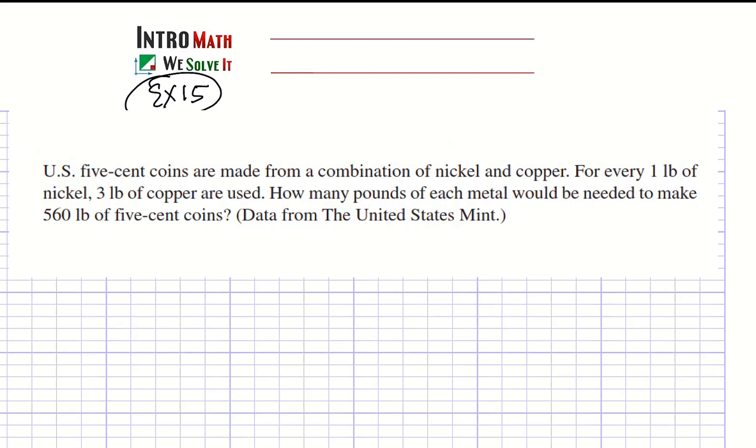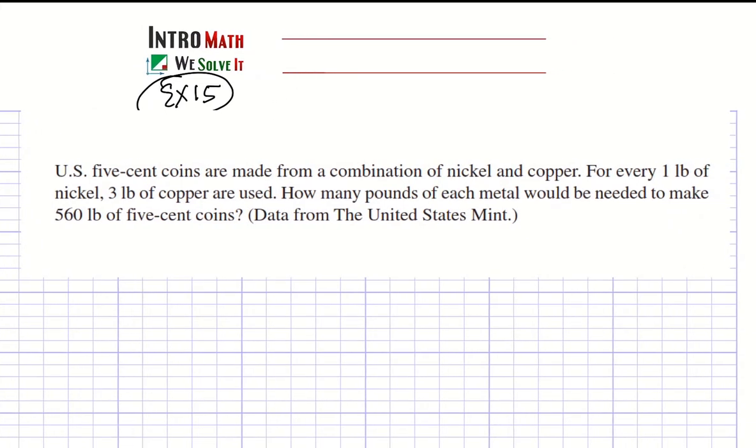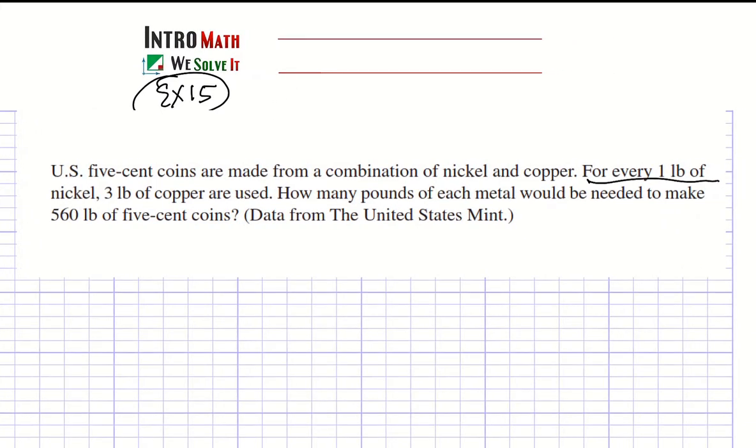Okay, again, a bunch of words. You gotta get through the words, okay? For every 1 pound of nickel, 3 pounds of copper was used. So that tells you that for every pound of nickel, 3 pounds of copper. It's comparing nickel and copper.